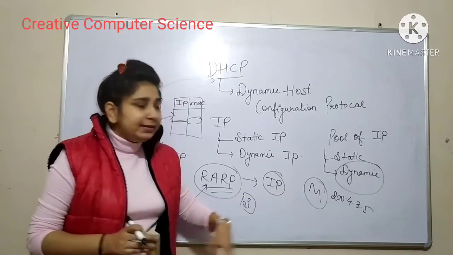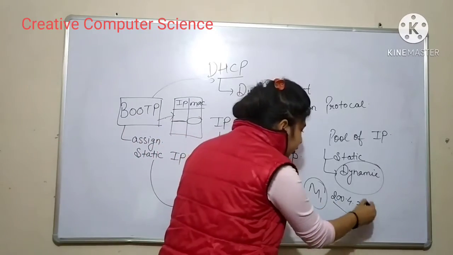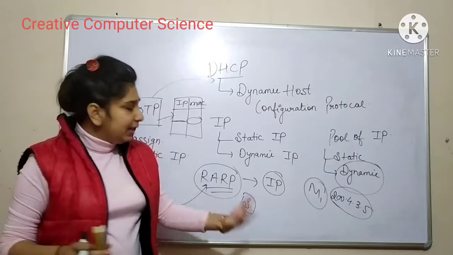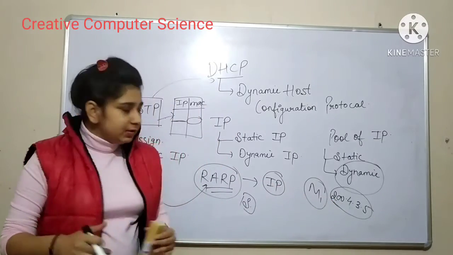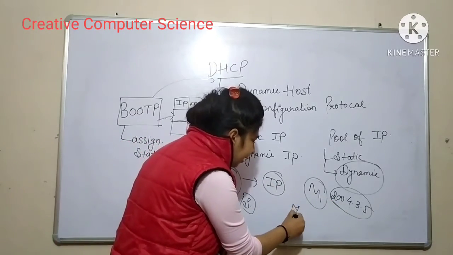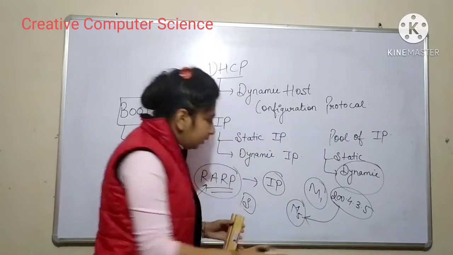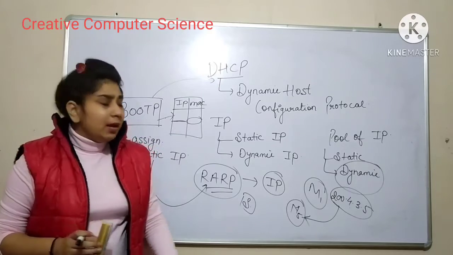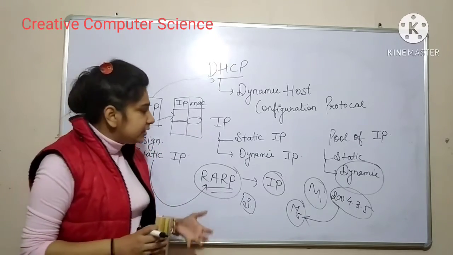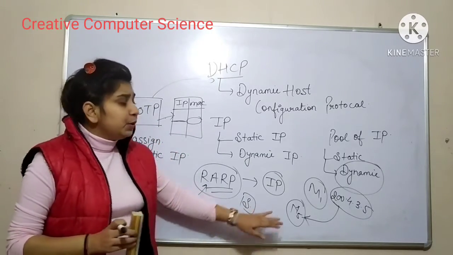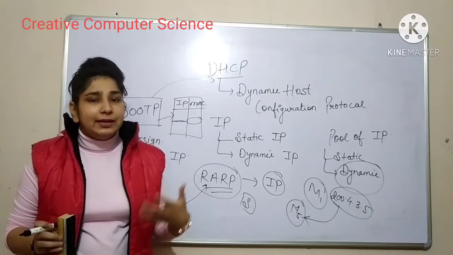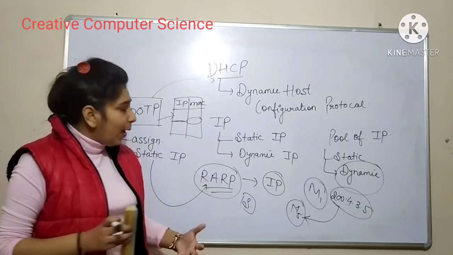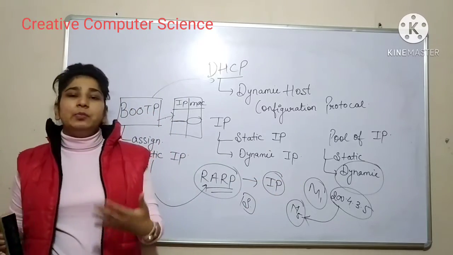Then we take this IP address from this machine and give it to some other machine, let's suppose M5. So IP addresses are not fixed in this case, because it is not that your machine is going to be connected to the network 24 hours. So we are providing IP addresses dynamically.